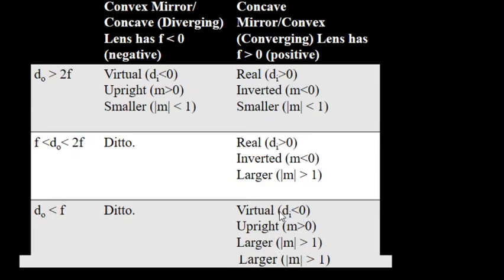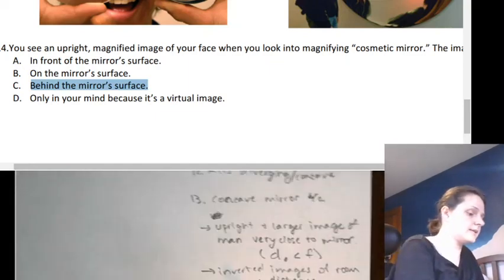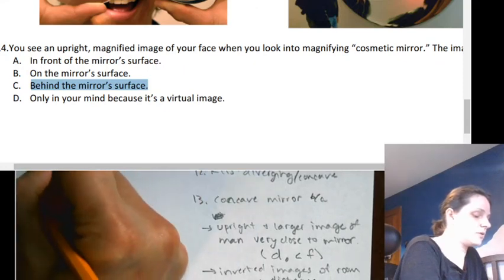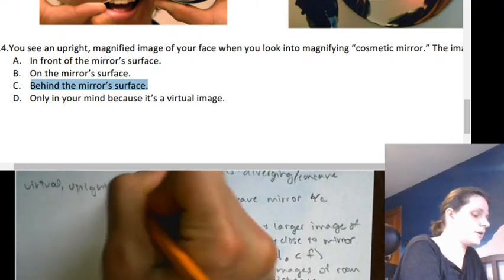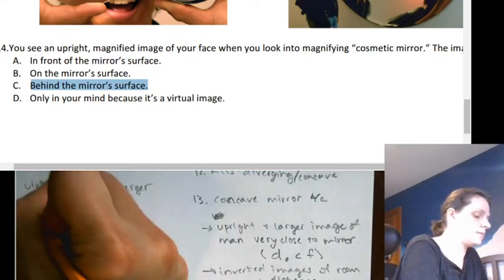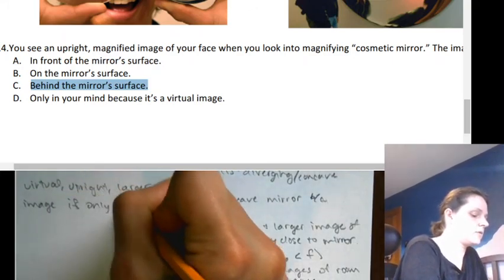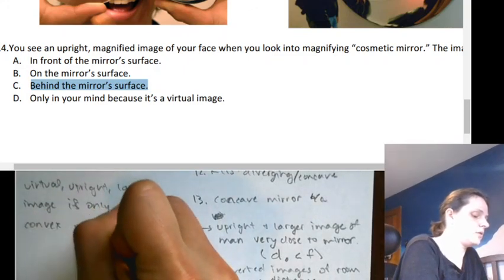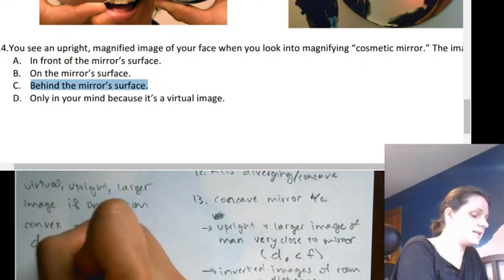And so we can kind of reason this a little bit more and say that 14, this virtual, upright, and larger image is only from a mirror with the object, this would be your face, inside the focal length.